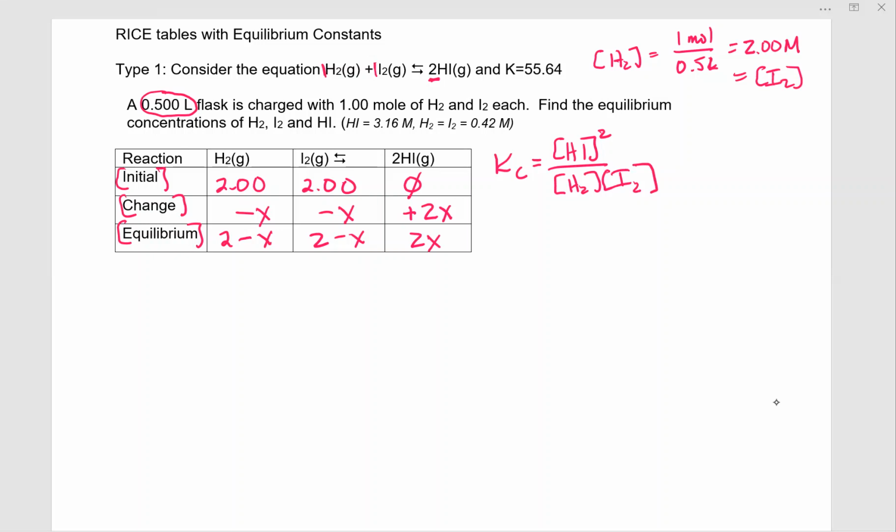And I'm going to put that this is 2x squared over 2.00 minus x squared. Now, this might look scary, but notice that the numerator and the denominator are both squared. So what we're going to do is take the square root of both sides.